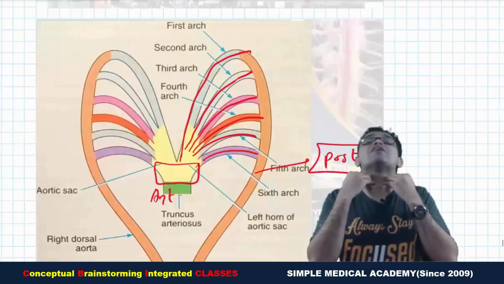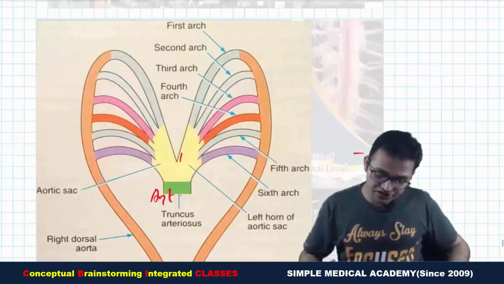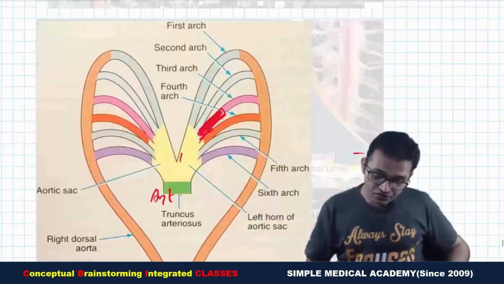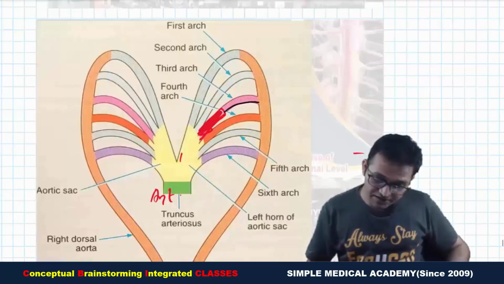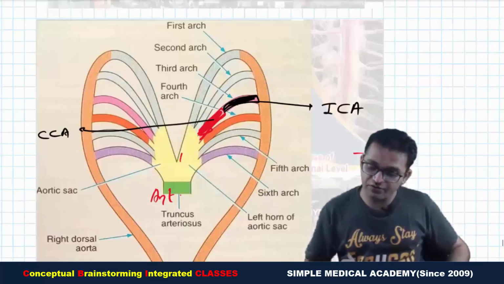Now come to the next arch, the third arch. This third arch makes a very important structure. The proximal part will make the common carotid artery, while the distal part forms the internal carotid artery. This is the common carotid artery, while this part will make the internal carotid artery.